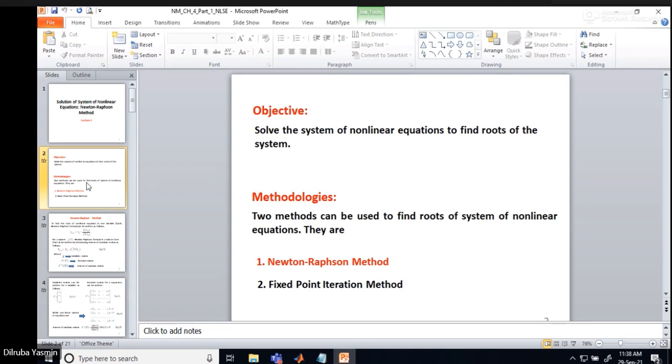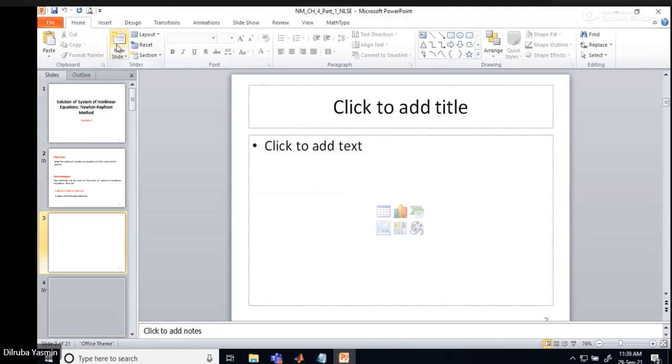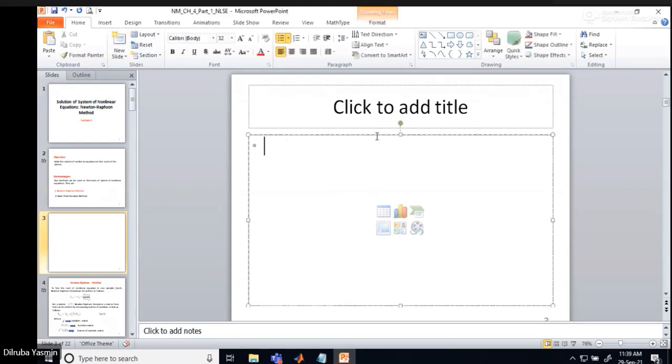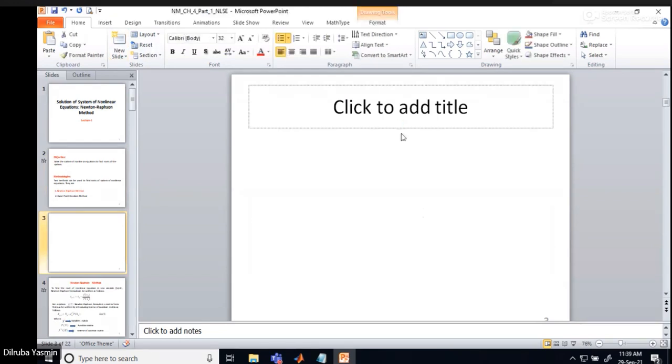Alright, so let me discuss how we apply the Newton-Raphson method to solve a system of nonlinear equations. Do you know what a system of nonlinear equations is?